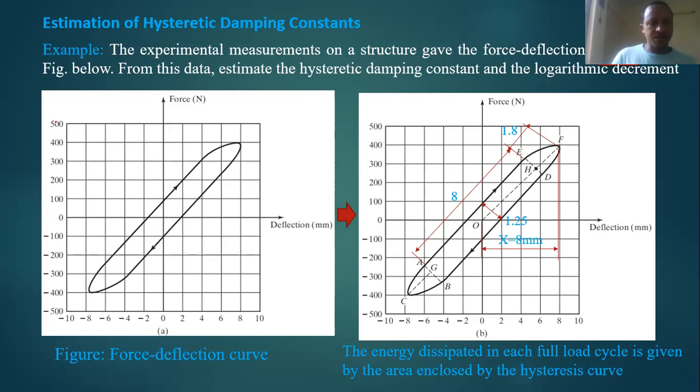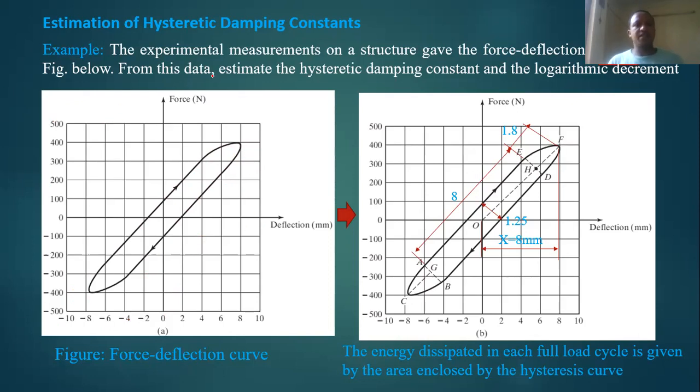The range is minus 500 to 500, and minus 10 to 10 is plotted here. We can see the loading and unloading cycle of the hysteretic loop here.